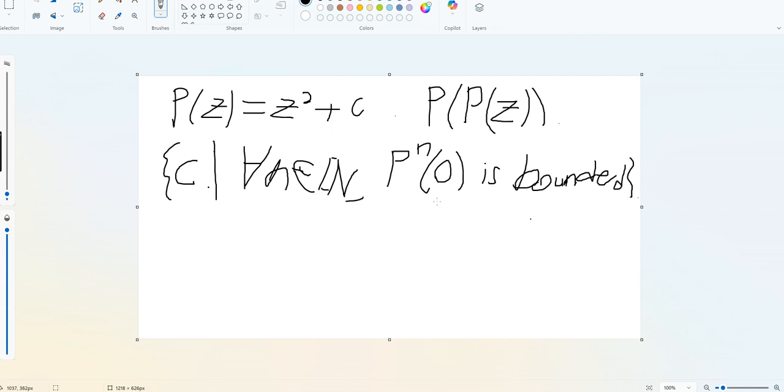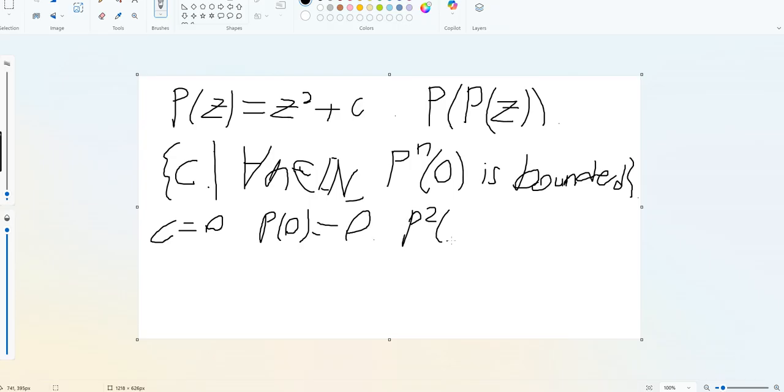Okay, cool. I'm pretty sure that is maybe not the most common definition, but it's probably the easiest to understand, right? For instance, we know that c equals 0 is in the Mandelbrot set because p of 0, if c equals 0, would just be 0 plus c, but c equals 0, so that's 0.